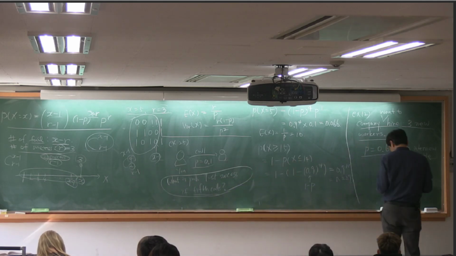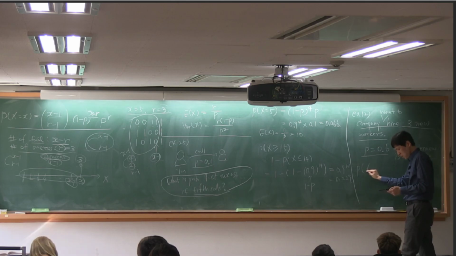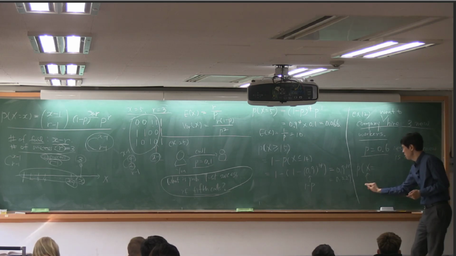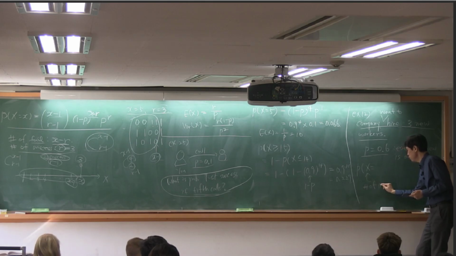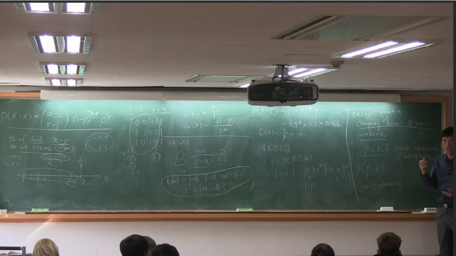Then what is the question? What is the probability that x, the number of interviews, is 6 until the company finds 3 newcomers?